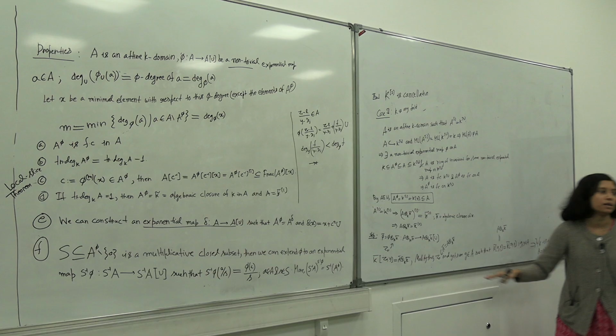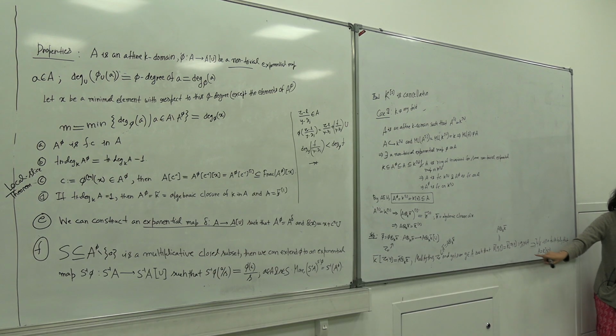Here we could not have applied our faithful flatness, we needed something in G inside A, and then we will be able to apply faithful flatness and get this result. So this is the step.